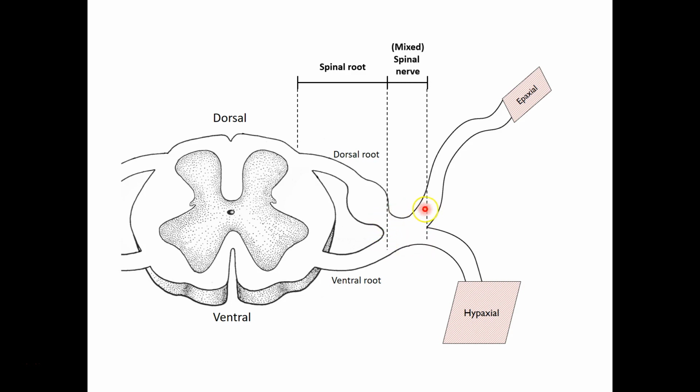So this is very important, and keep in mind this word mixed. When we think about what's mixing in there, I'll tell you in a minute the exact types of neurons that are mixing within that. And then we have a splitting off into what we call spinal rami. So one of them is a ramus, multiple are rami. And similar to the dorsal and ventral roots, we have dorsal and ventral rami.